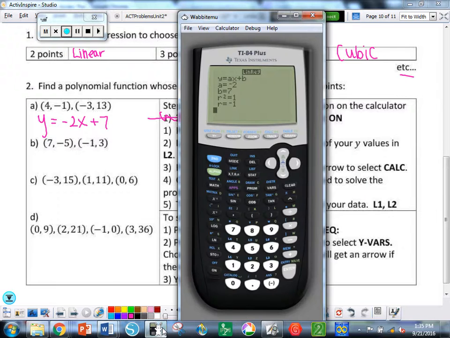So try part B on your own. I'm going to walk around and help. So you have your list, right? And then if you push this button, you exit.